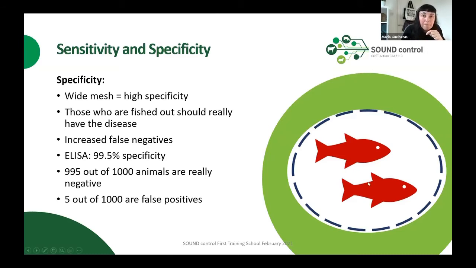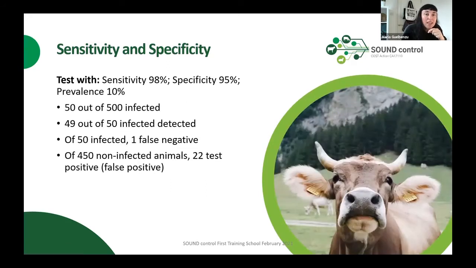So let's see if we have a test with a sensitivity of 98% and a specificity of 95%, and a prevalence of 10%. So if we have a 500 population and we have a prevalence of 10%, that means that we'll have 50 out of those 500 will be infected.